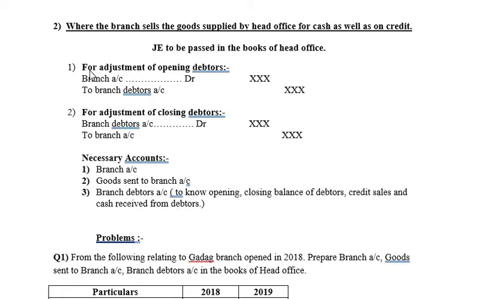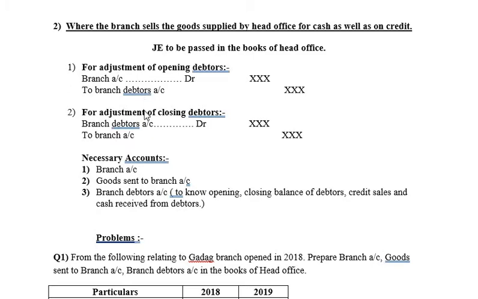The first is for adjustment of opening debtors: branch debtors account debit to branch account. The second is for adjustment of closing debtors: branch debtors account debit to branch account.